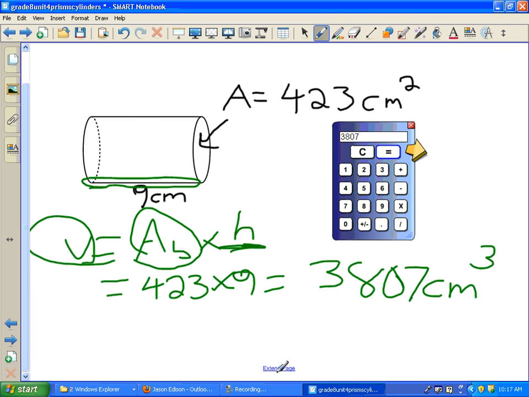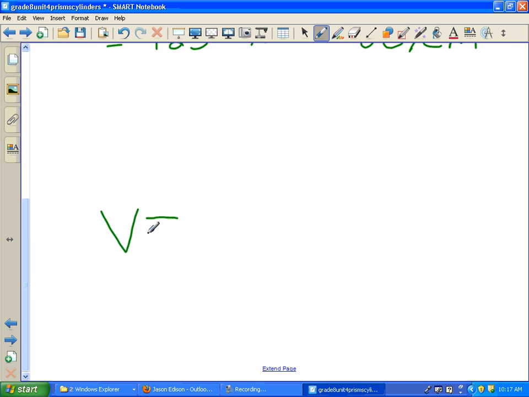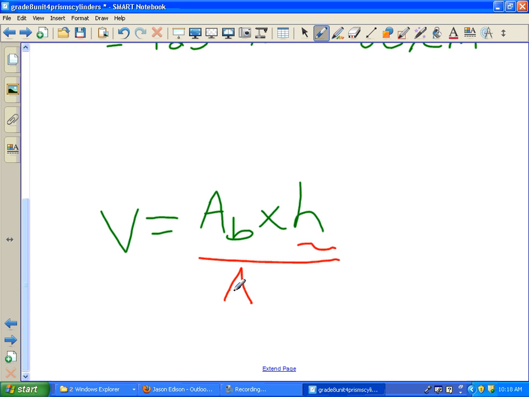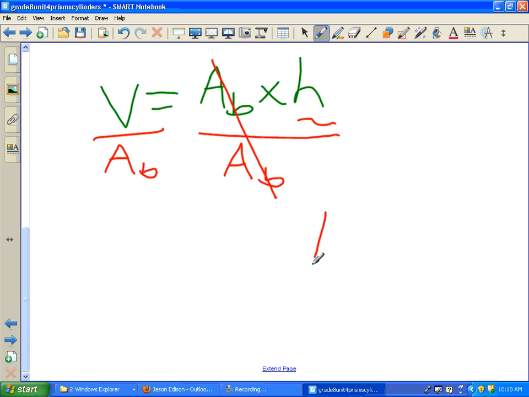If the volume equals the area of the base times the height, and you're asked to solve for the height, because that's the only thing you don't know, all you'd have to do is divide by the area of the base on both sides, and you would end up with stuff canceling, and the height is going to be equal to the volume over the area of the base. So in other words, you'd have to do a little bit of algebra to solve for h, the height of the cylinder.